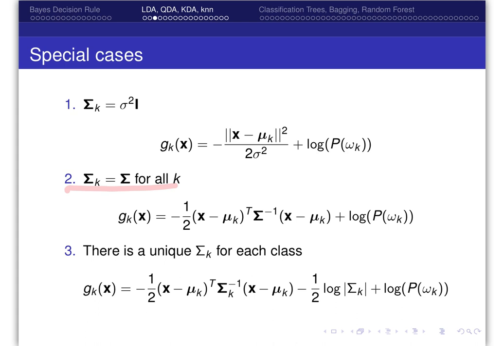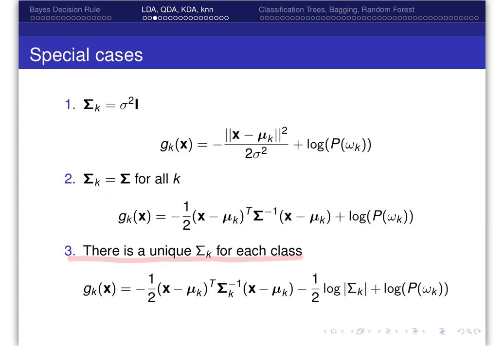For this special case where we assume that the classes have a common variance-covariance matrix for all classes, again, the two middle terms are not dependent upon class, and so they are unimportant constant terms that can be omitted. In the second special case, to classify a new observation, you simply calculate the Mahalanobis distance from the observation to each of the k mean vectors and assign it to the class having the nearest mean.